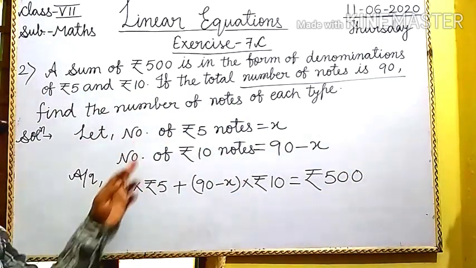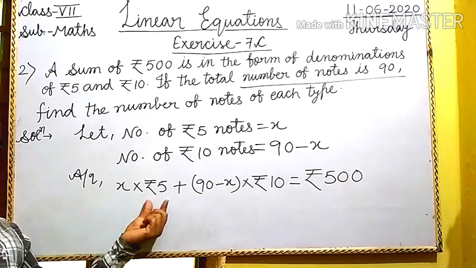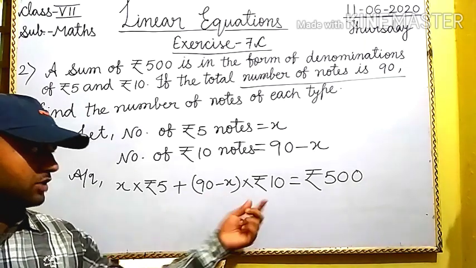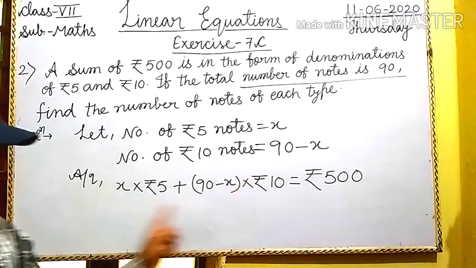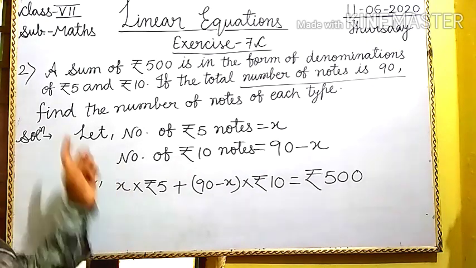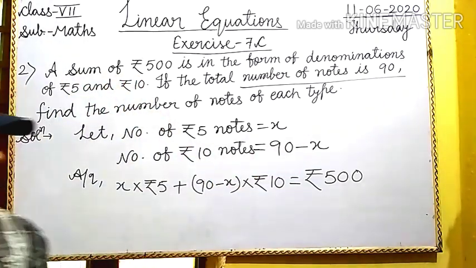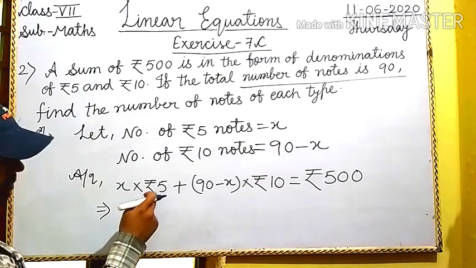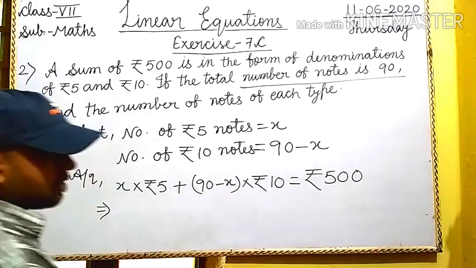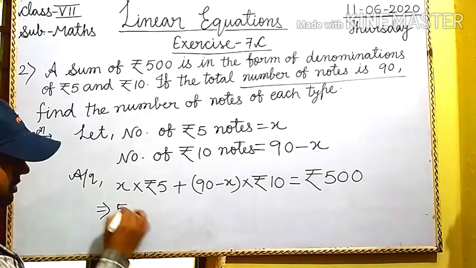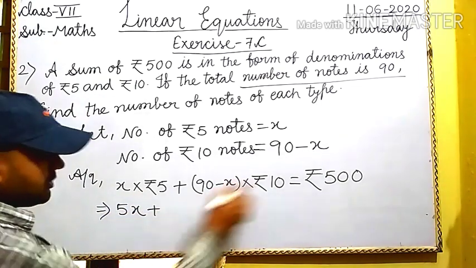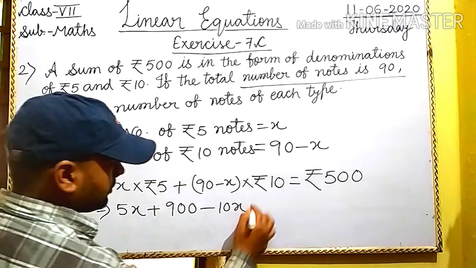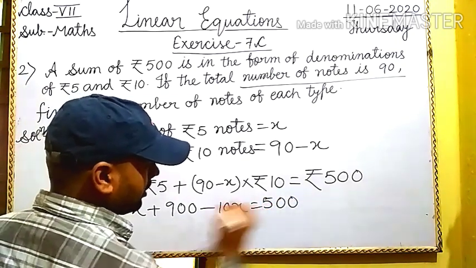Again, number of 5 rupees notes x, so x into 5 rupees, plus number of 10 rupees notes 90 minus x into 10, total value is 500. All in rupees, that does not change. So 5 into x, 5x, plus 90 into 10, 900, 10 into x, minus 10x is equal to 500.